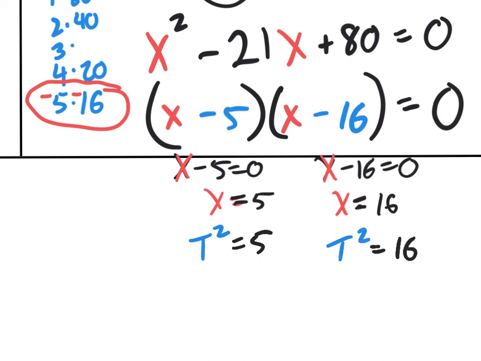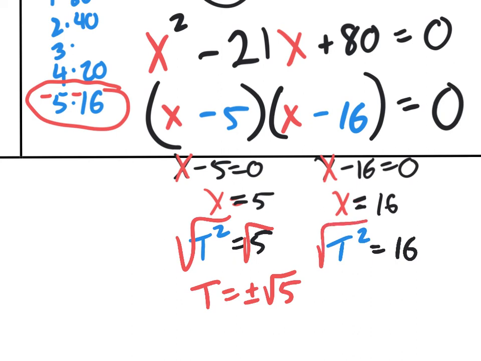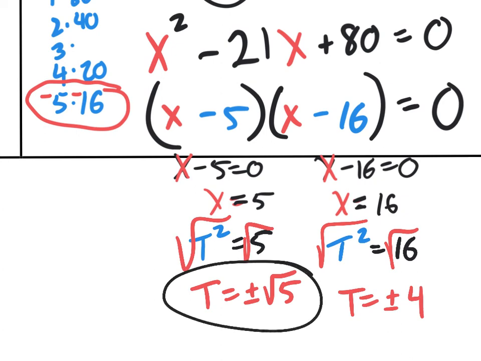Let's solve these quadratic equations by applying a square root. You'll get t equals plus or minus the square root of 5, which is a crazy decimal number, about 2 point something. And over here, t equals plus or minus 4, the nice actual number 4. So this one has 4 real solutions.